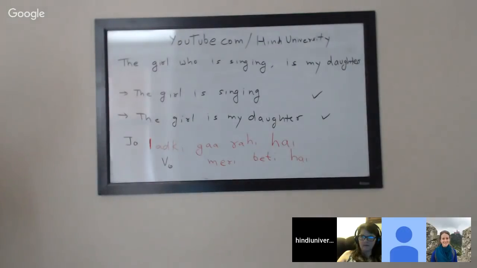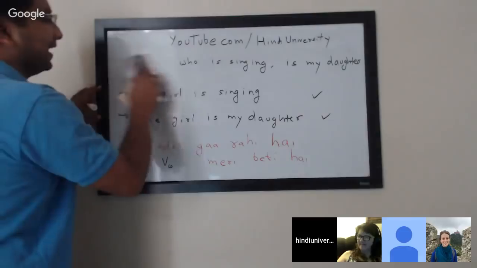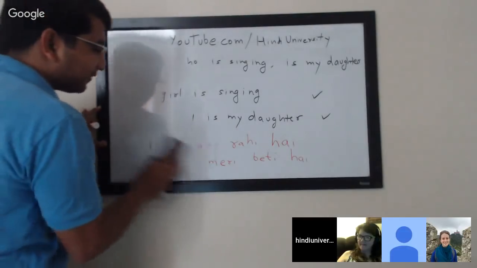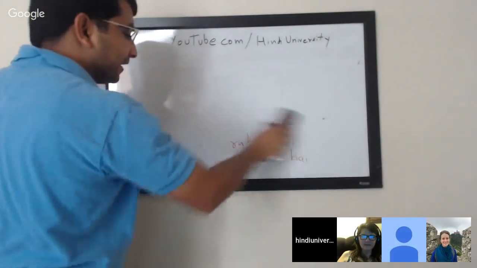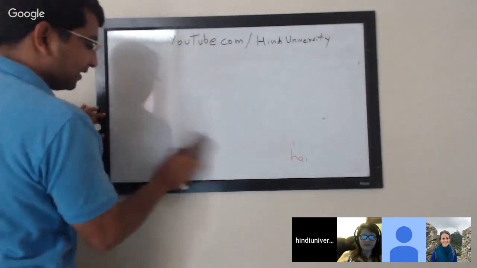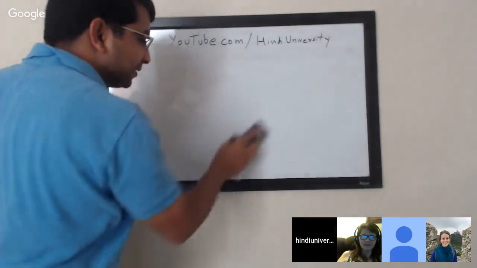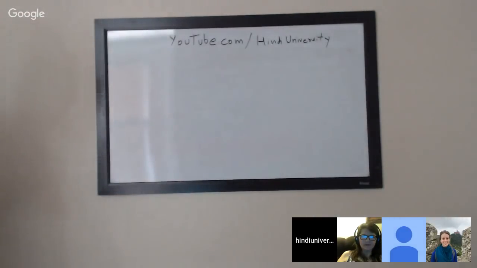Right, so let's look at another variation of it. I hope most of you were able to do it. If not, don't worry. We will be covering more and more examples, and hopefully, with repetition, you'll be able to figure the pattern out. Now let's look at the next one. The man who is performing is my best friend.